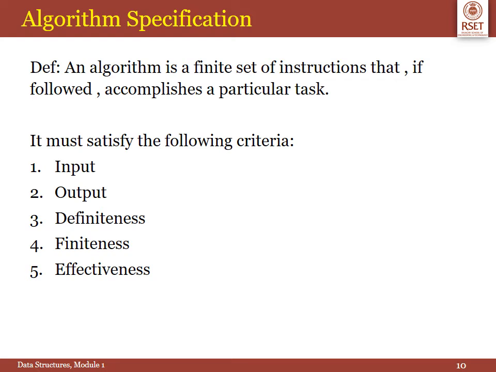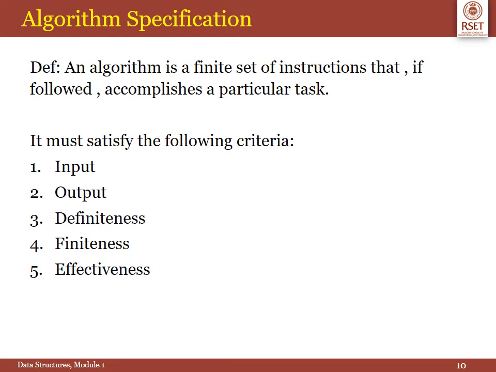Definiteness: each instruction should be very clear and unambiguous. That is why normally when we write the algorithm, we partially write it as C code and partially in English, so that a normal layman can easily understand the purpose of this particular algorithm.